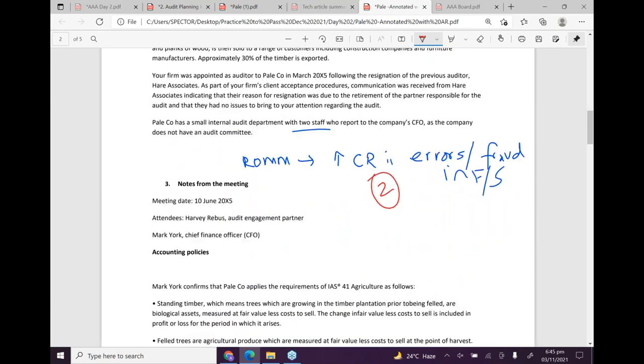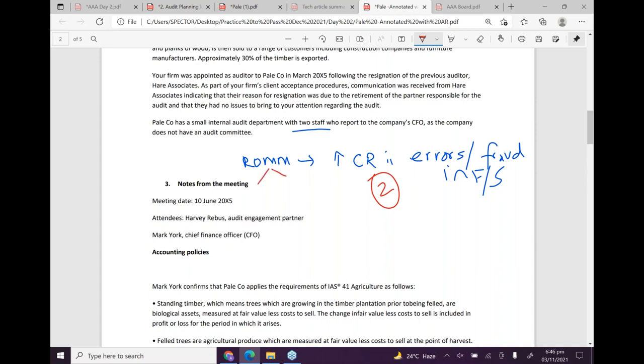Control risk is always 2 marks as well. Please make sure you remember, in terms of risk of material misstatement, you have to talk about chances of under or overstatement. Because of this corporate governance weakness, this is indicating a weak control environment. Control risk is going to go up.